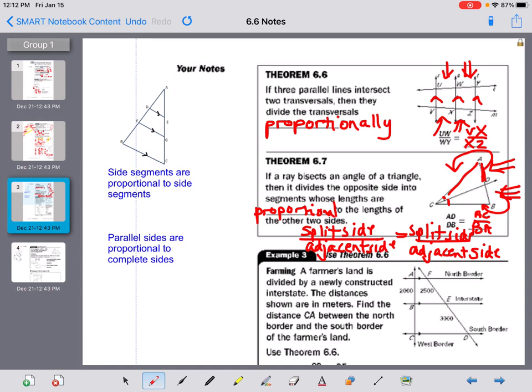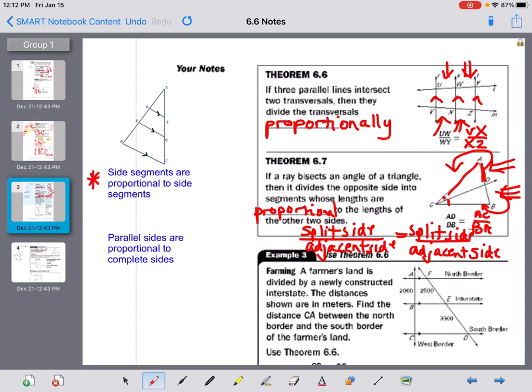And now I'm going to go straight into the margin and give us some more notes. And we might get slightly confused, but I'm hoping by the time I'm done doing some examples, you feel a little bit better. Okay, so that Theorem 6.6, which says I can keep throwing more parallel lines in there and keep dividing things proportionally. So what I have over here in the margin is that side segments are proportional to side segments, okay?